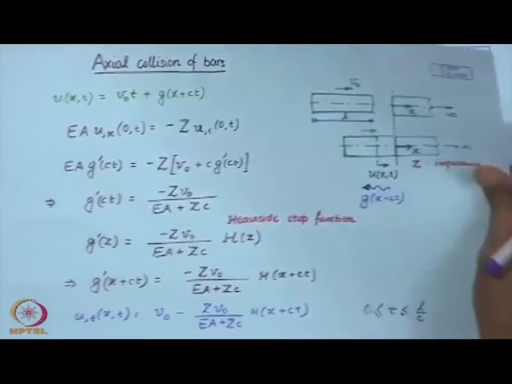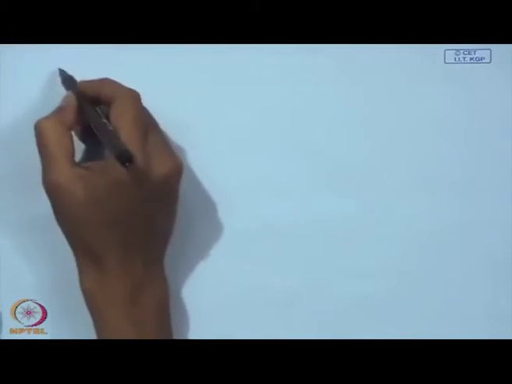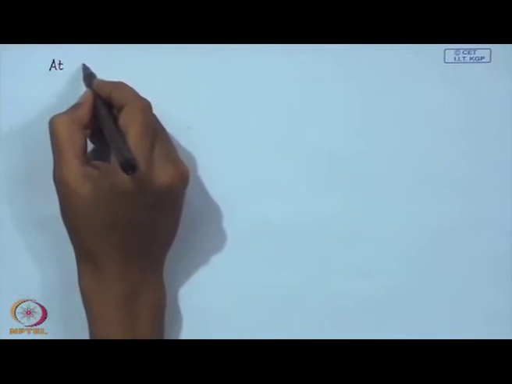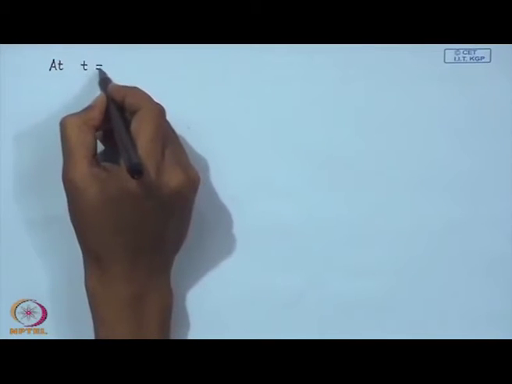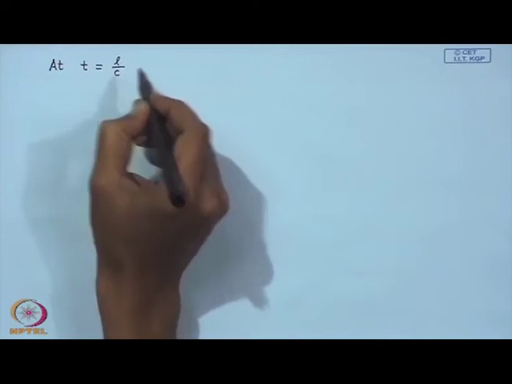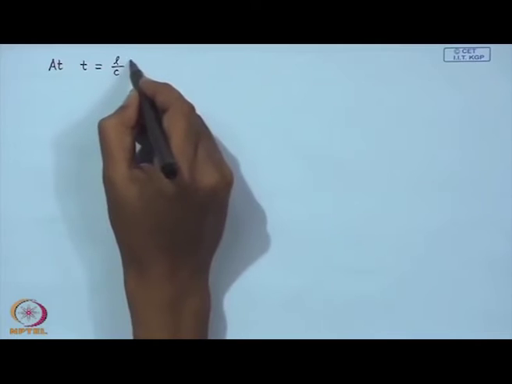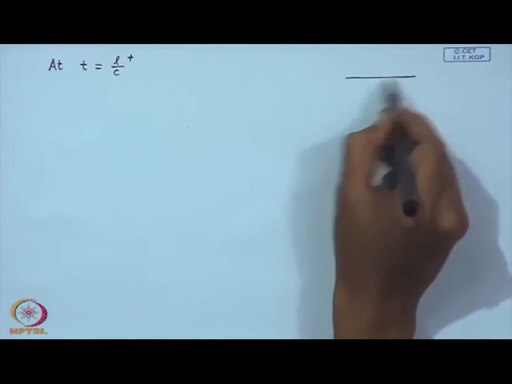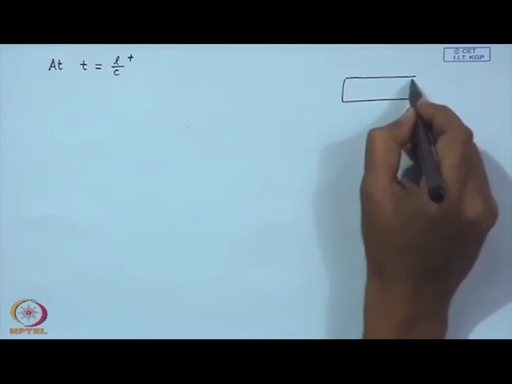So, let us see what happens at the free end. At the free end, of course, there is a force free condition. So, this is our finite bar.